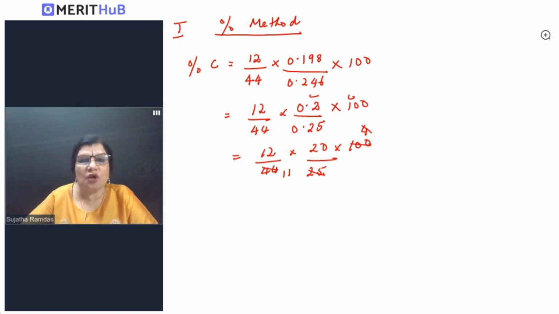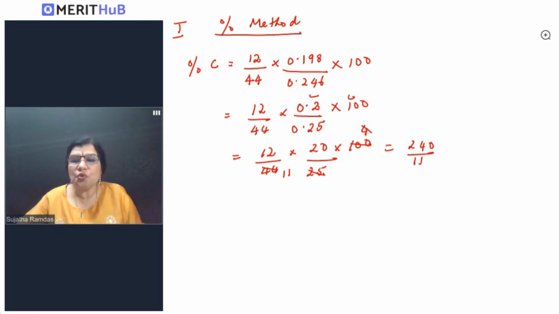Now we can easily solve the rest of it. 240 by 11. So 240 by 11 would be 11 twos are 22. You have 20 here, 11 ones are 11, and then you have 21 point, say 9, so 11 eights are 21.8% will be the percentage of carbon.